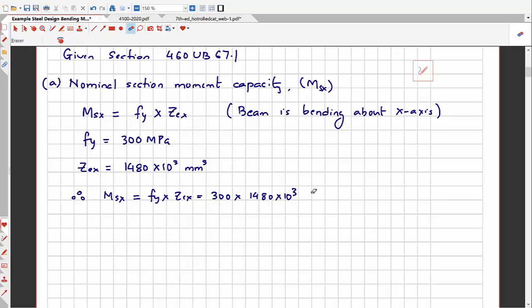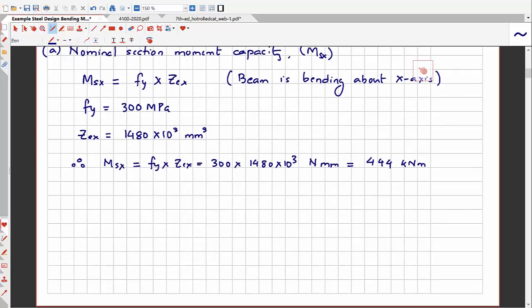This comes in Newton millimeters, and if we convert this into kilonewton meters, it will come as 444 kilonewton meters. Now, once we have the section moment capacity, we can proceed to find out the member moment capacity as well.